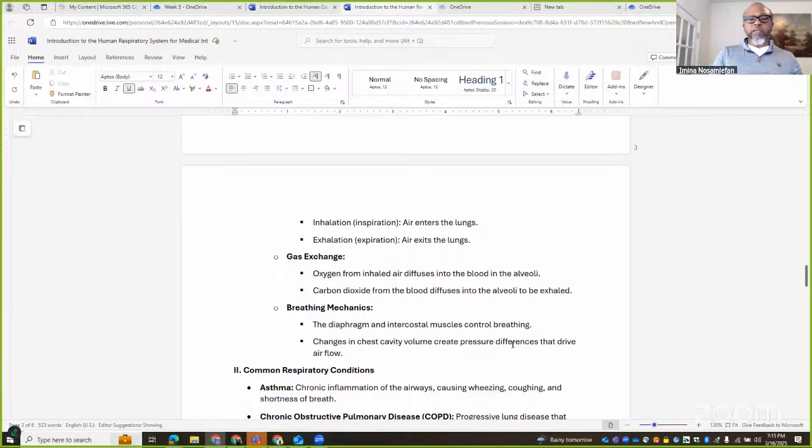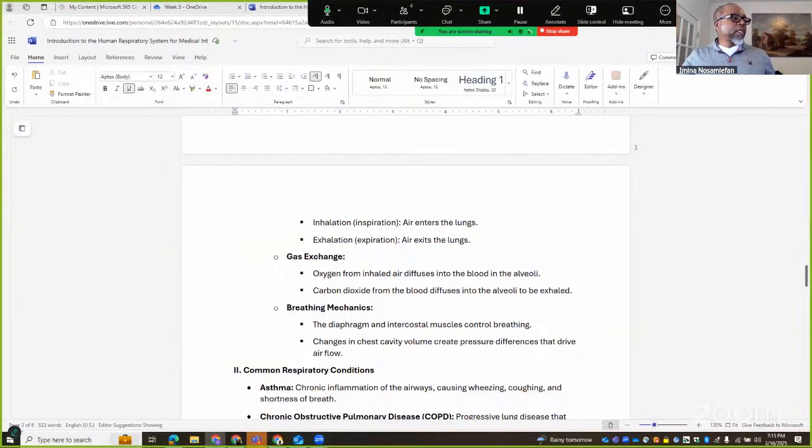So that's how breathing occurs. Okay, when the volume expands, air comes in. When it contracts, it presses, and you exhale. So that's inhalation and exhalation. That's the way that goes. That's the breathing process.